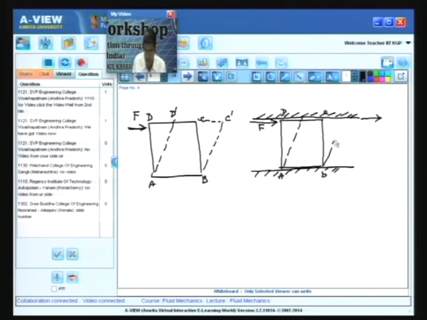Like this, it goes on changing its shape: A, B dash, C dash, D dash, again continuous change in the shape, A, B dash, C double dash, D double dash.